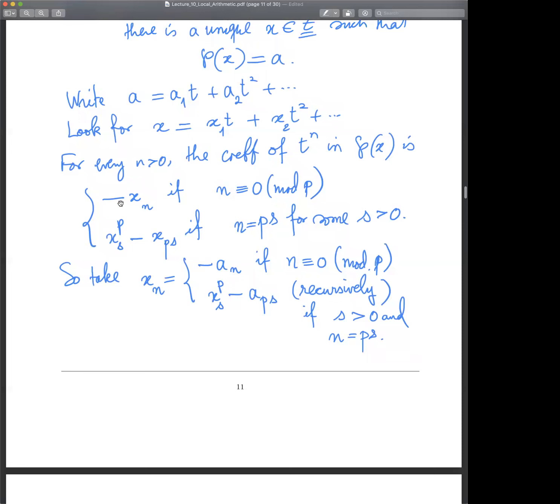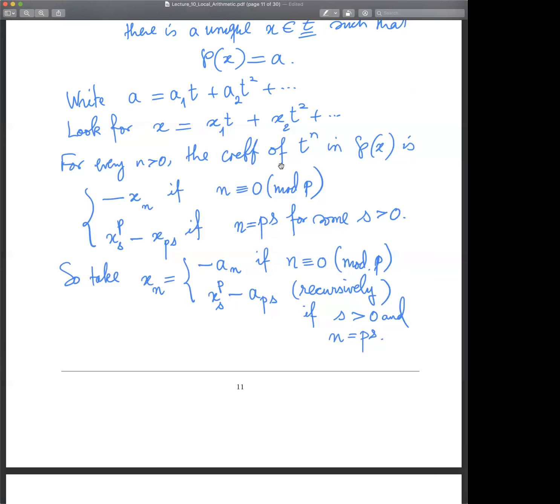It's ridiculous, the same thing is repeated here, but what is meant is that n should be prime to p. It's not congruent to 0 mod p, and same here. Anyway, so the coefficient of T to the n is minus x_n if n is prime to p, and it is x_s to the power p minus x_ps if n is p times s. And that is just a simple matter of verification.